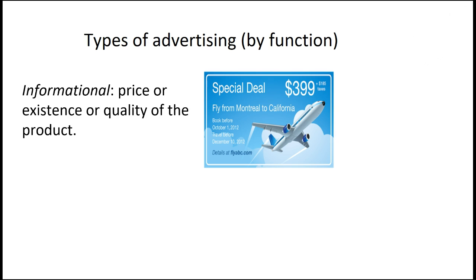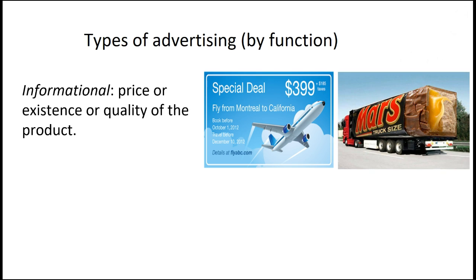It simply shows you what the product is, tells you what the price is, says there's a special deal, and the time period for that deal. Another kind of informational advertising is this here. Now, this is obviously being a bit more creative. At the end of the day, it's simply informational advertising, however. It's just reminding consumers of the existence of the product.